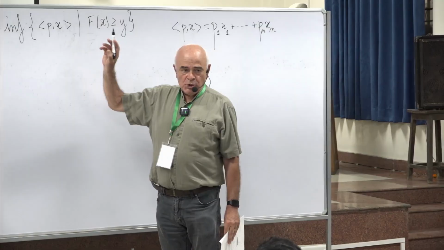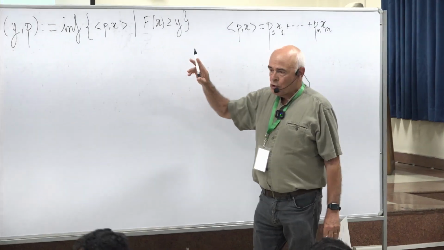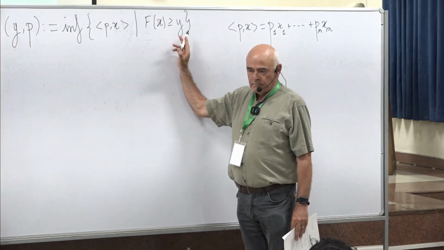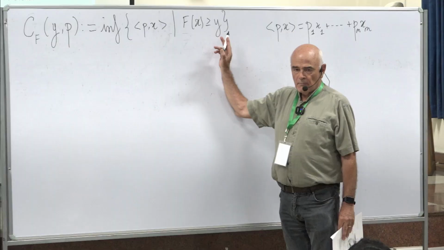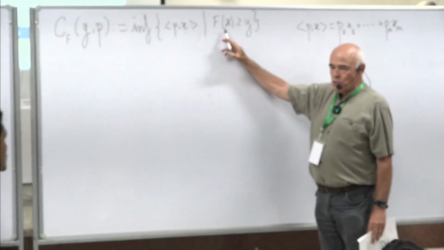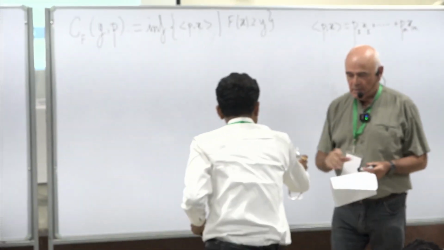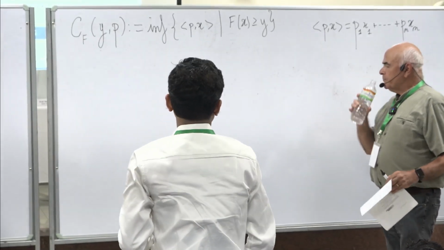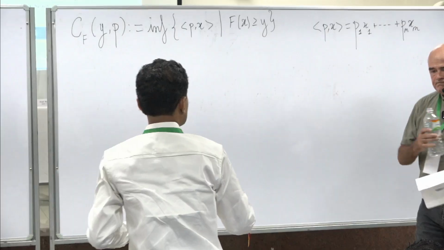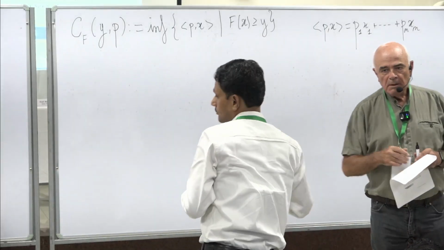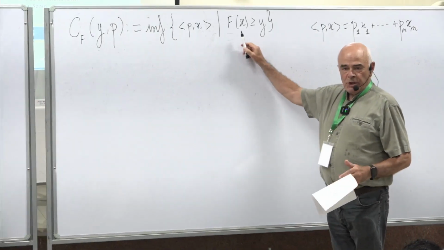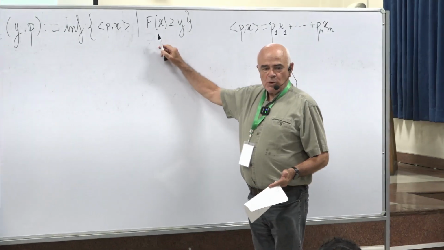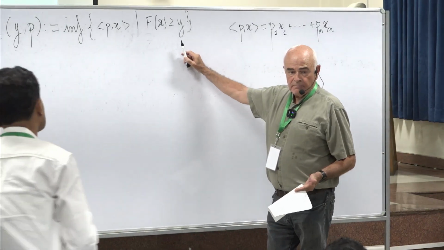But my choice of inputs should be compatible with y. Okay, I should be able to produce, with x, I can produce f of x, and I want to produce at least y.